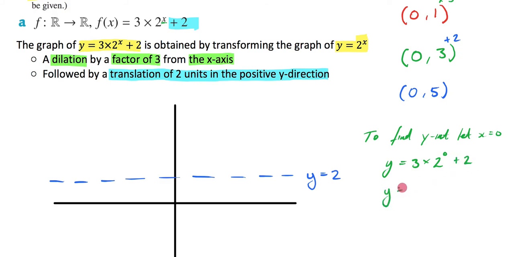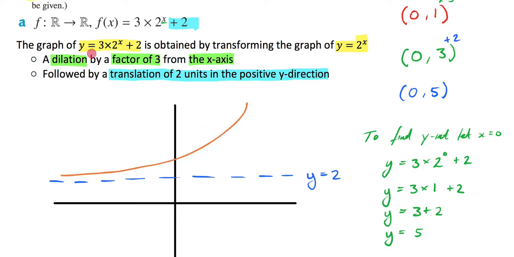This is going to be y equals 3 multiplied by 1 plus 2, which is y equals 3 plus 2, which is y equals 5. And that's exactly what we found before. So if I come now and draw this, I know that my y-intercept is going to be 0, 5, because this is 5, that's what we found here as well. Everything checks out.